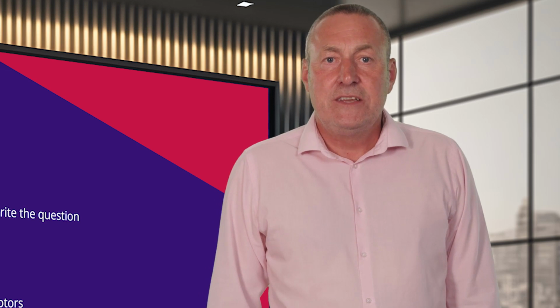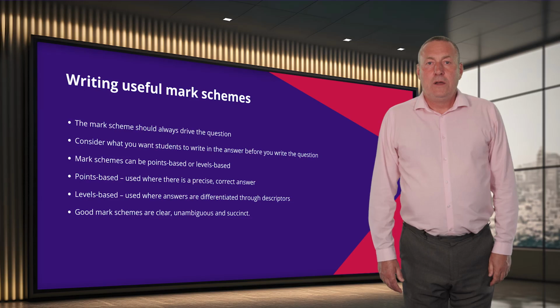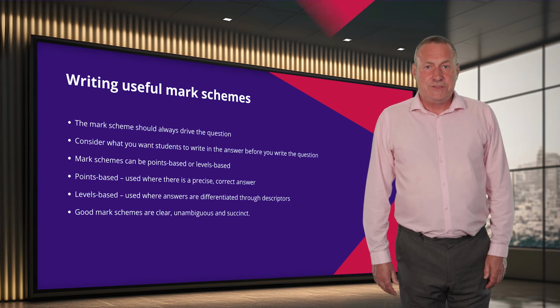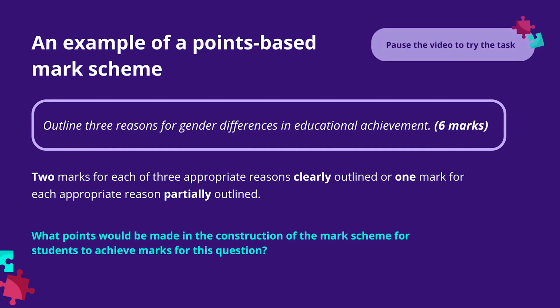Indicative content is also provided beneath the level of response grid as supporting guidance only. Levels grids are used for the extended response questions. For this question from a paper 1, here is an example of a points-based mark scheme for it.